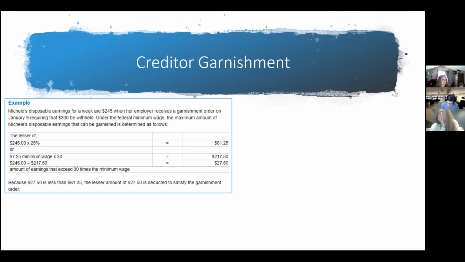So it has to be the lesser of those two amounts. The 27.50 is much smaller than 25% of her disposable earnings. So we can only take 27.50 for the garnishment.